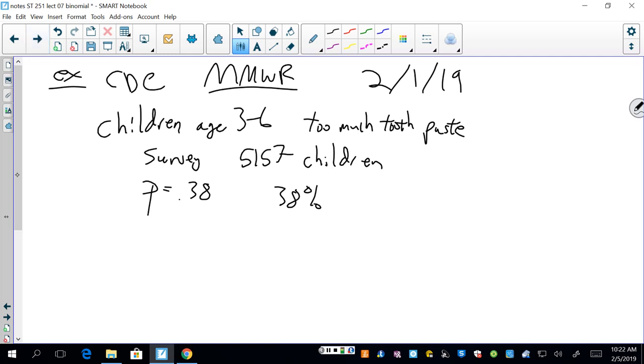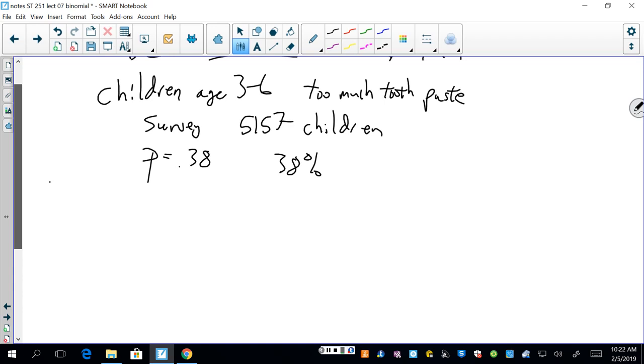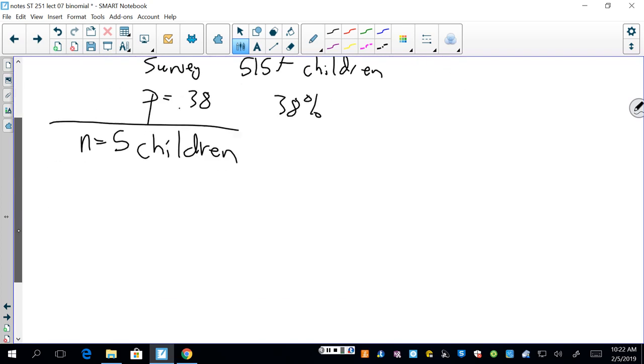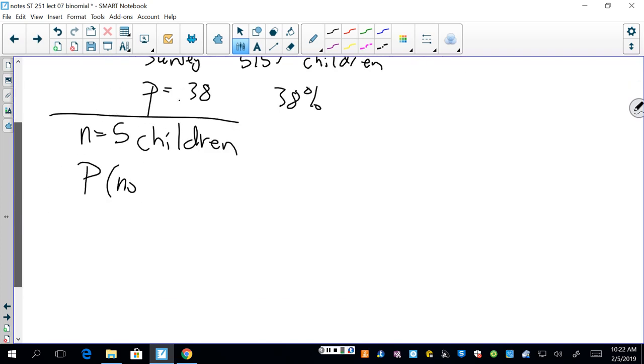So let's say instead of having all these children, we have 5 children. What's the chance that we have 5 children and none of them use too much toothpaste? We're going to assume that these children are independent, right?